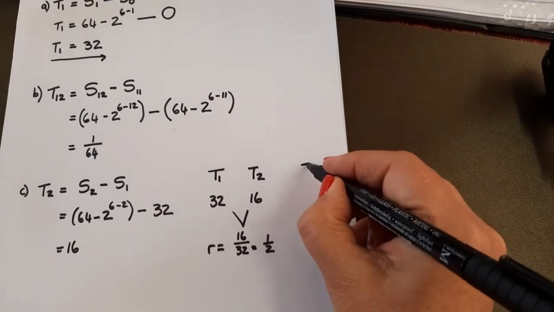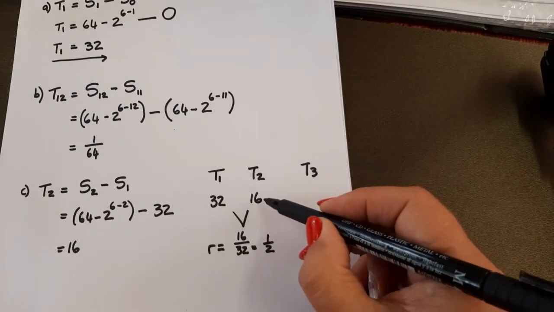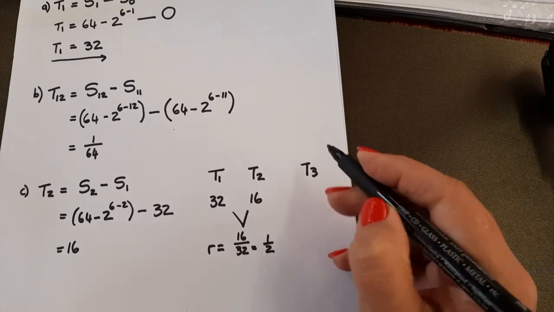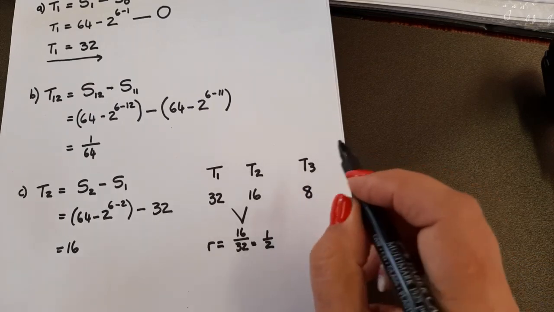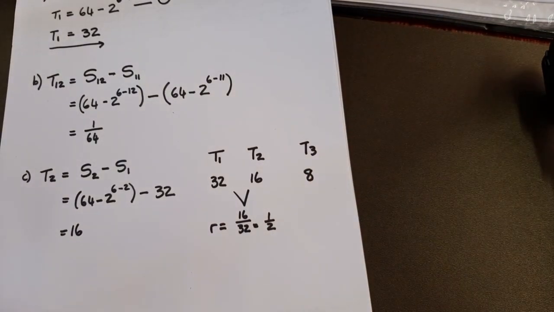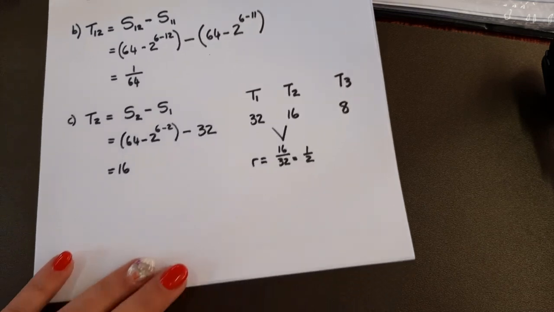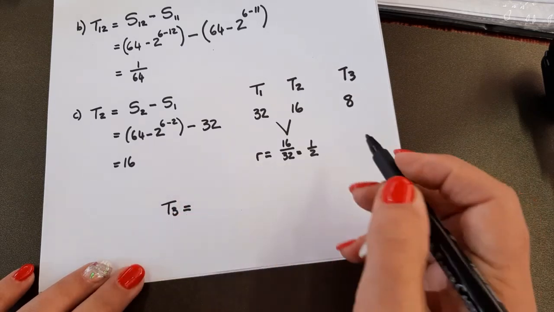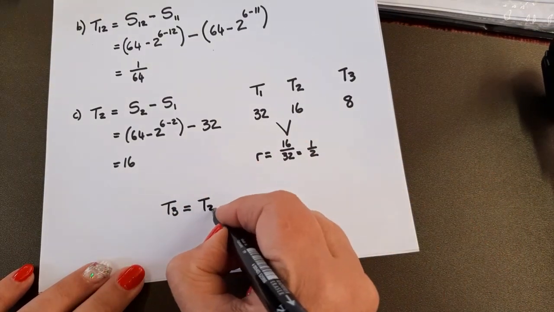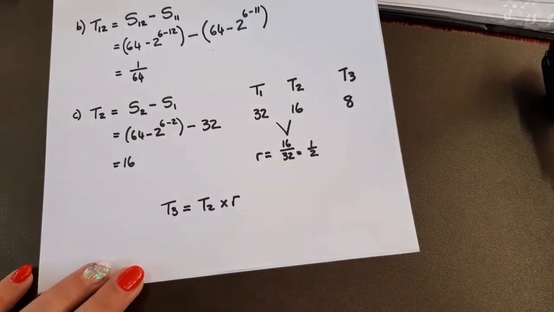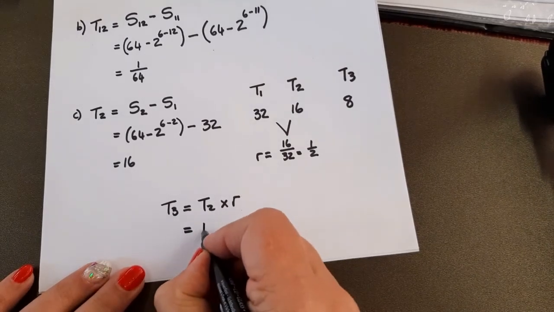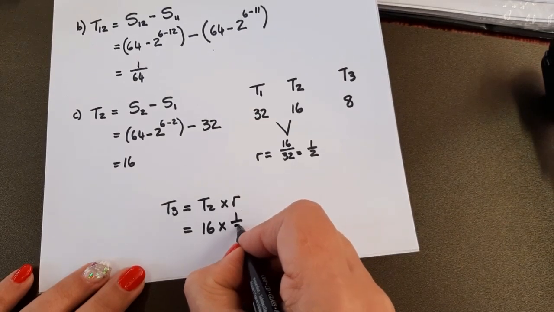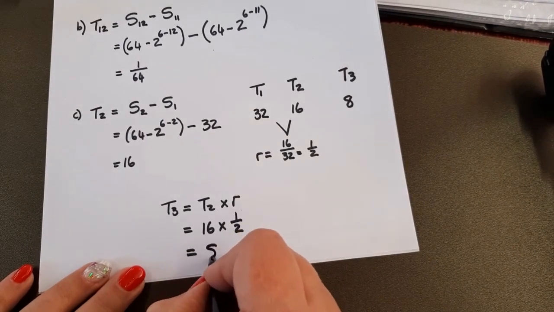So in order to get term 3, I must say 16 times a half, and that will give me 8. There is my first 3 terms. So what did I do? I said term 3 will be term 2 times R. Term 2 is 16. My R is a half. 16 times a half gives me 8.